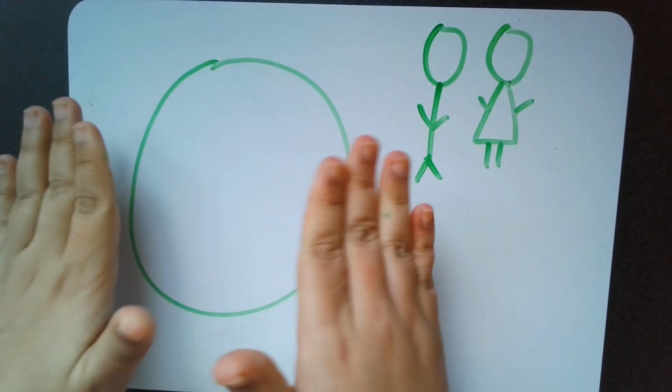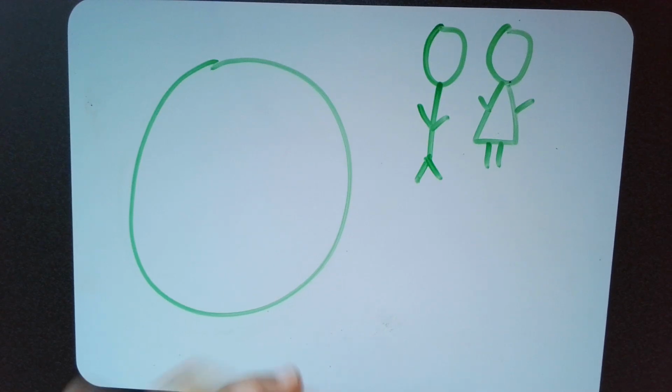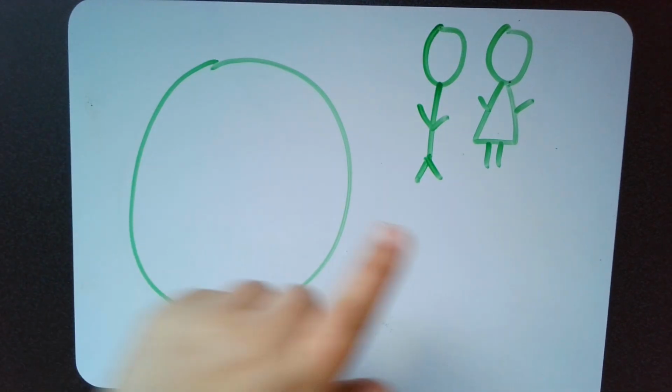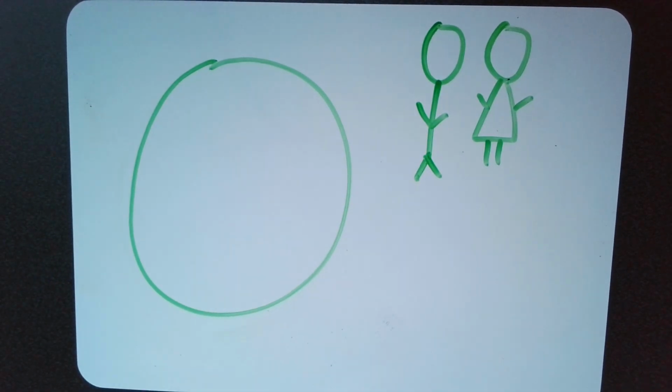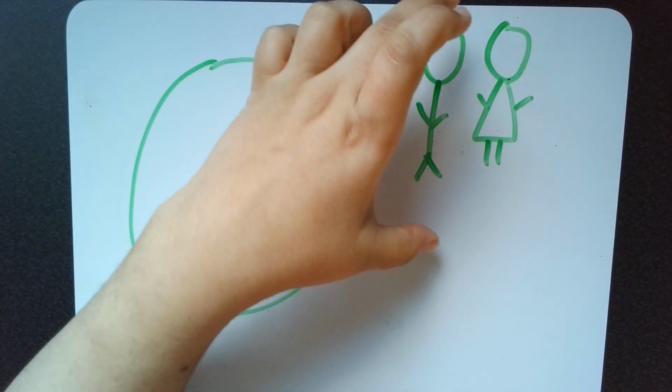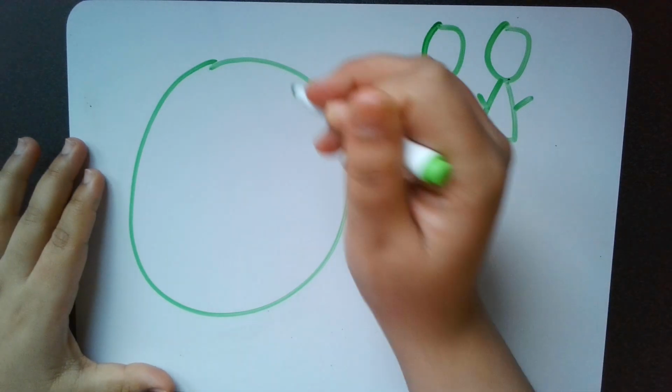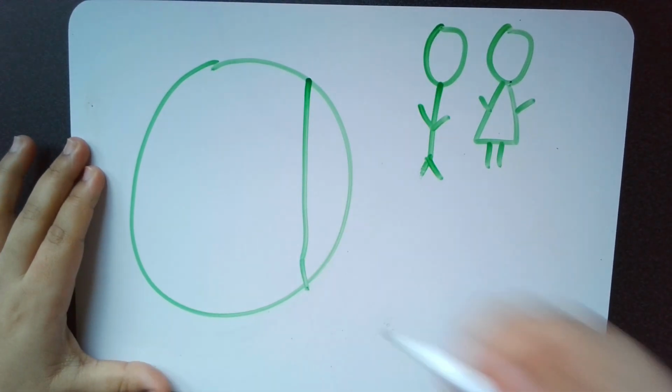Let's say we've got a pizza here and we've got two people that want to share this pizza. So I need to think about how I can divide this up to make sure that each person gets the same amount. They both get an equal amount of pizza. Let me see. There's two people, so maybe I could go like that.